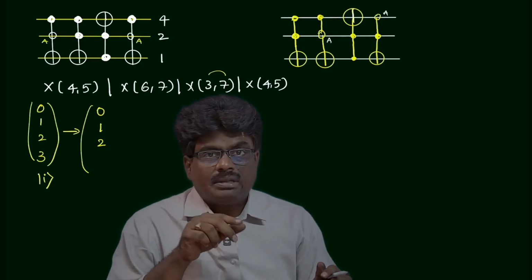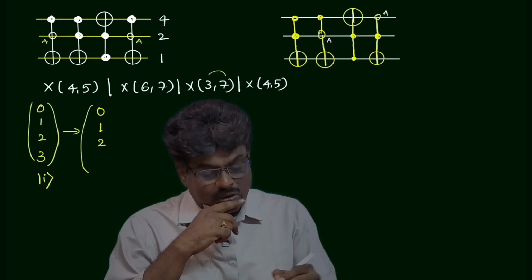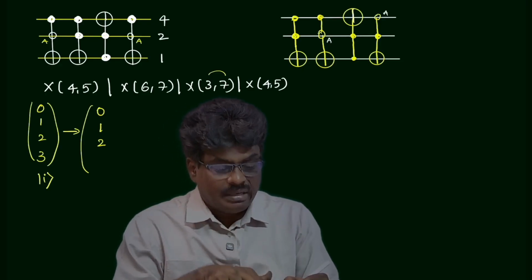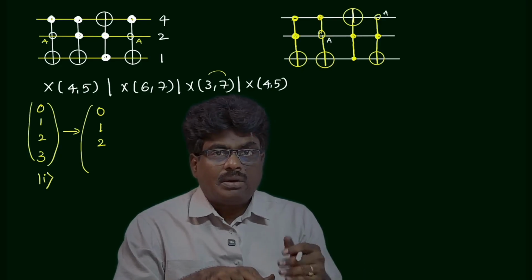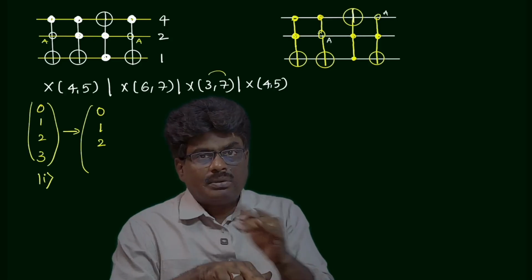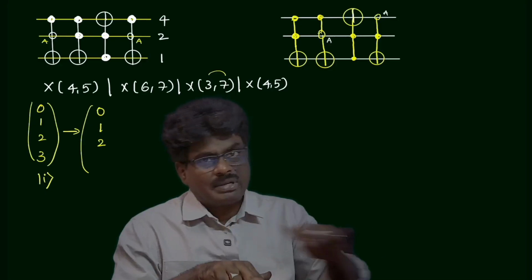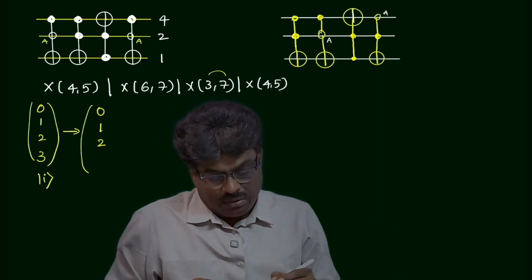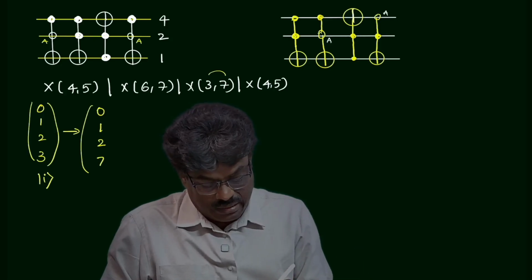Remember, you have to travel from left to right. So now you got a 3 here, 3 becomes 7. After that there is no 7, but you might get a doubt. The operations won't go backward. So left to right. Okay, so this is 3 to 7. So that's why it's a 7.